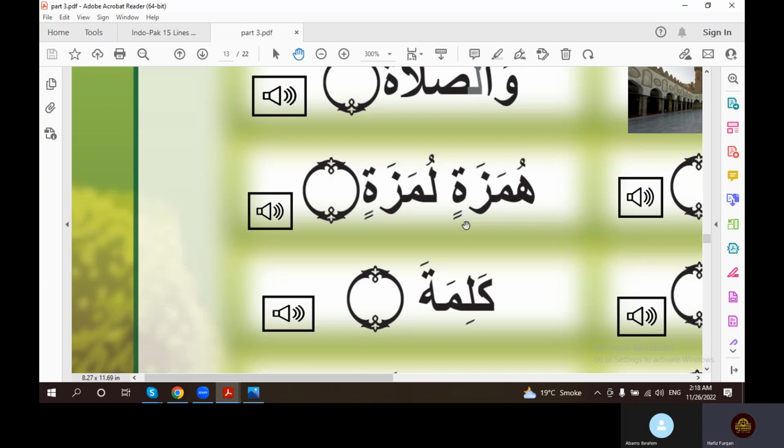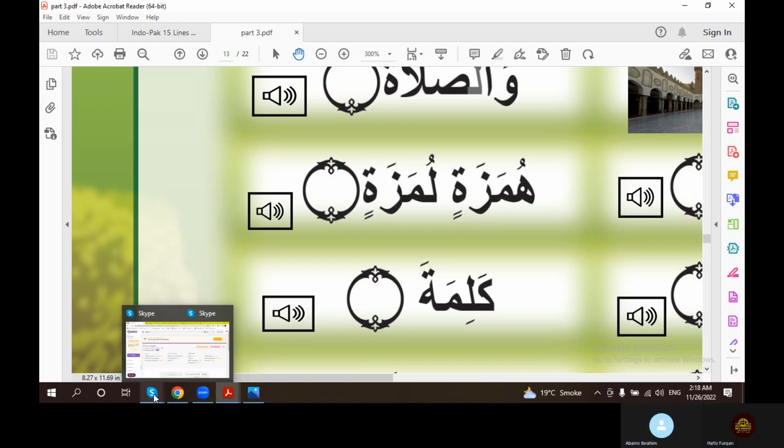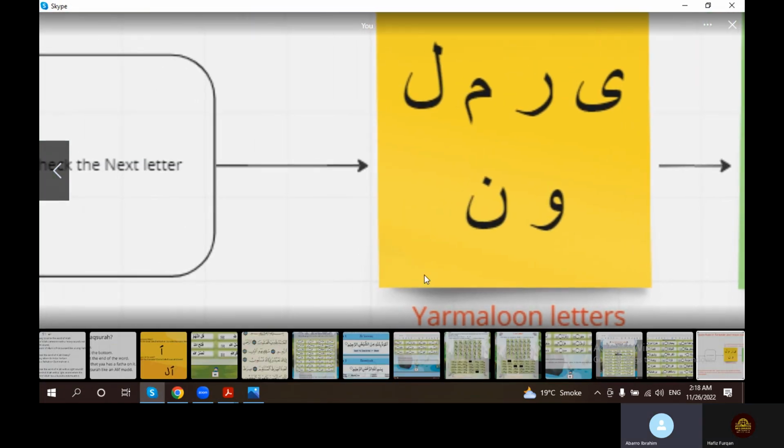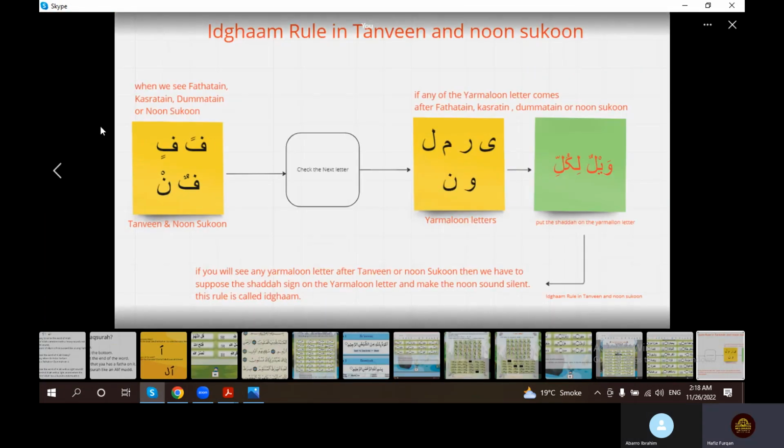What is this sign? Kasratain. So our first step is there. What was the first step? That we have to see the fatatain, kasratain, or dammatain. Yes, that was the first step.